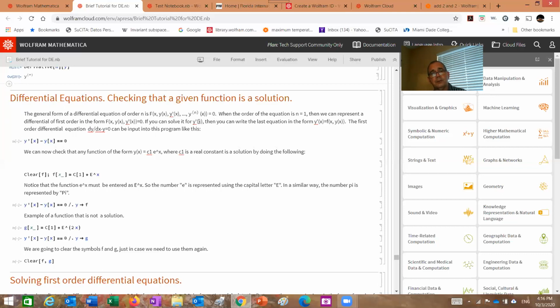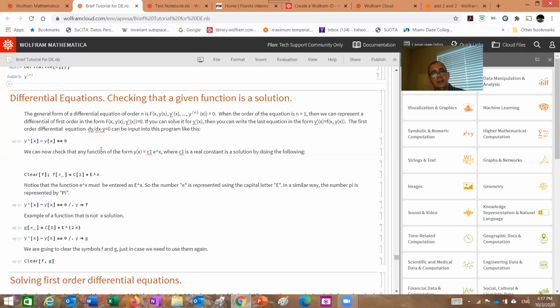If you can solve it for y prime of x, then we can write the last equation in this form: y prime of x on the left side, and then an expression that depends on x and y on the right side. We can enter the equation in this program like this: y prime of x minus y of x double equals sine x.